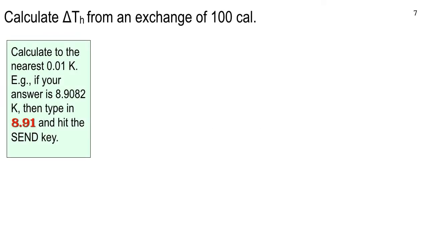This is a numeric question, so type in your number to the nearest 0.01 Kelvin, and then hit the send key. Just take a minute to do this. It's the same calculation, except you're doing it for the honey, and you're using plus 100 instead of minus 100, because the honey's warming up.